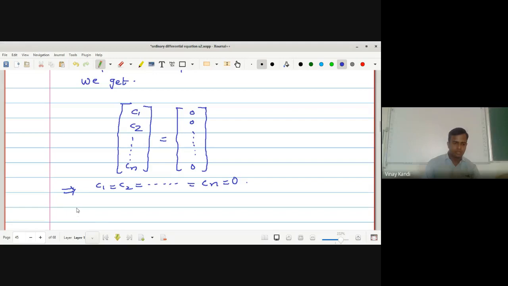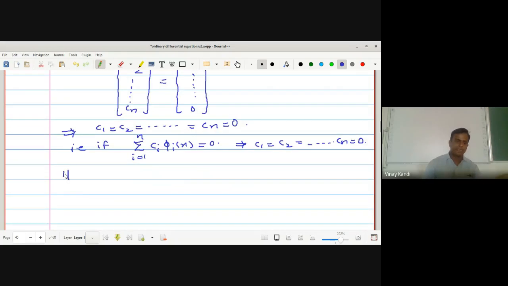That is, if summation running from i is equal to 1 to n, Ci phi i of x is equal to 0, it implies C1 equal to C2 equal to up to so on Cn, which is equal to 0. Hence phi 1, phi 2 up to so on phi n are linearly independent.